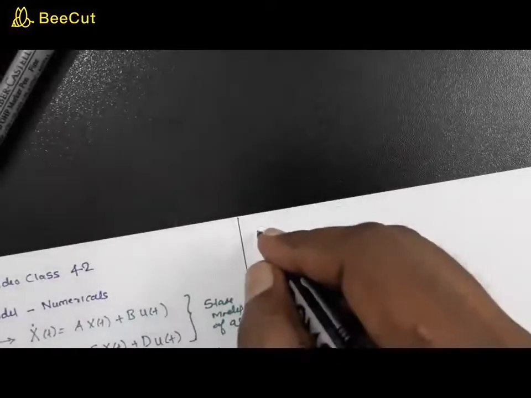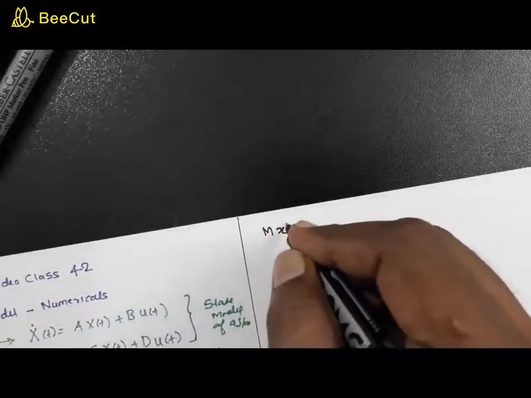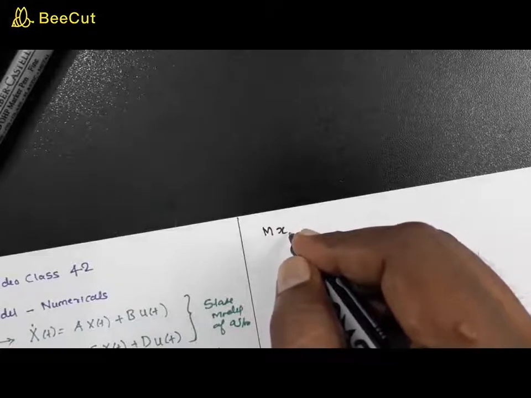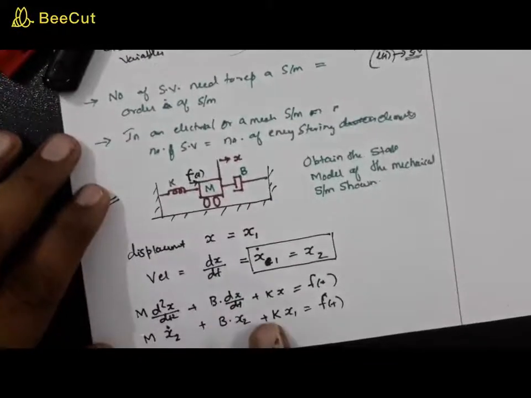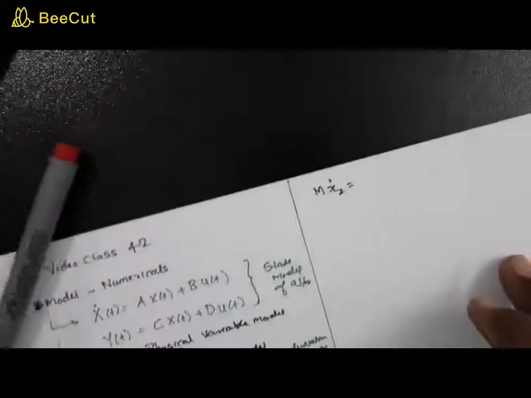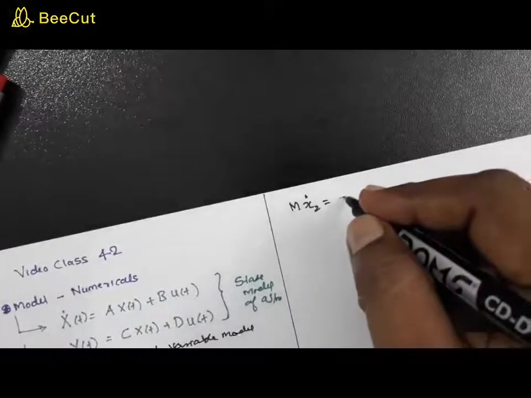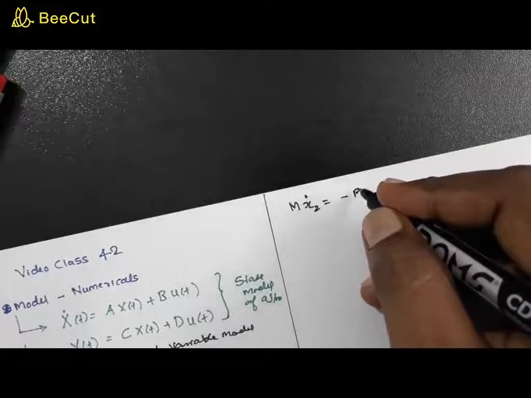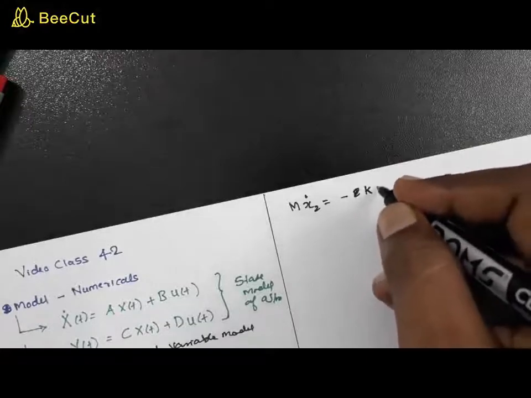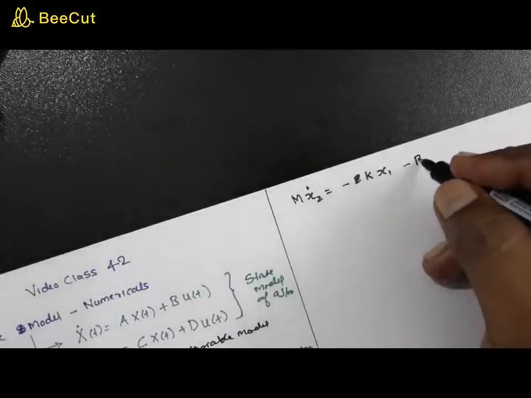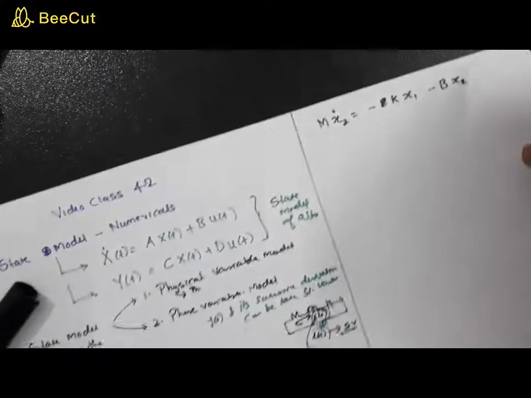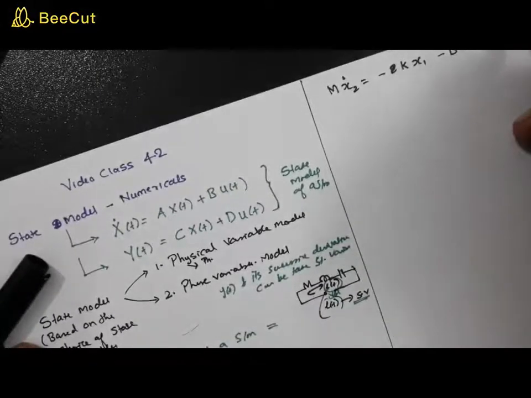Now what will be your x2 dot? m into x2 dot is equal to, bringing all these terms to this side, minus k into x1, minus b into x2, plus f of t.